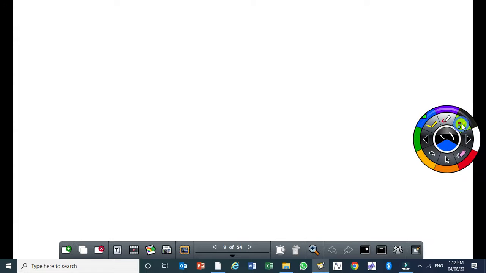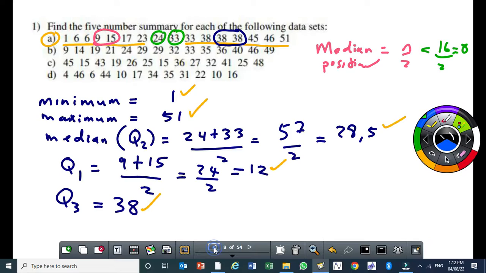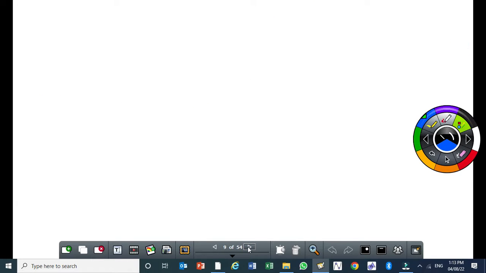Now, when you are drawing your box and whisker, you need to have a number line first. Okay? So if I look at my values here, my minimum is 1, my maximum here is 51. So allow me to just draw a nice number line.